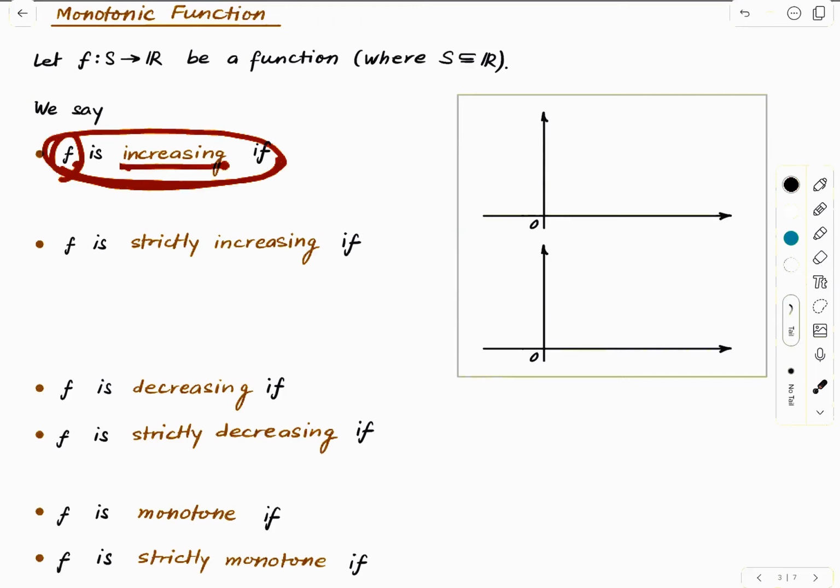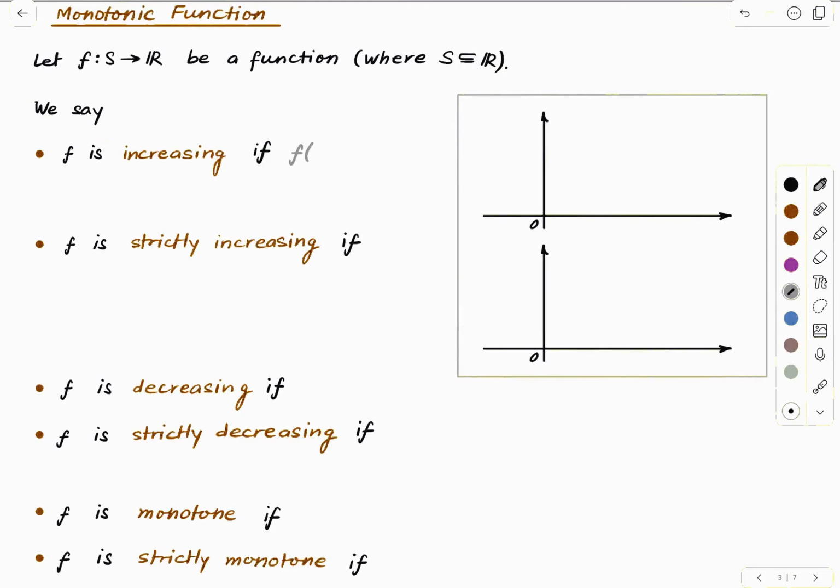We say f is increasing if f(x) is less than or equal to f(y) whenever x and y are in S and x is less than or equal to y. So it is preserving the order on S. That's one way to say it. Fine, so that's an increasing function.